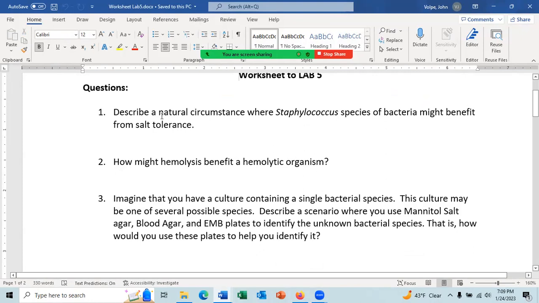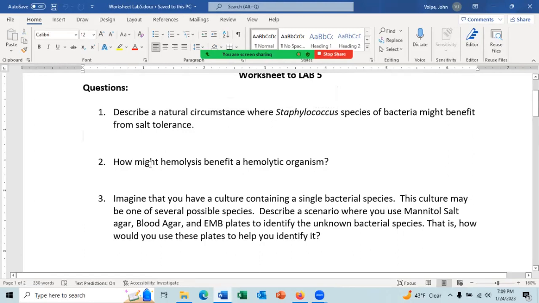Don't do that, because that's not a natural circumstance. That's when you're growing it in a lab on a specific plate of media. So think of a natural circumstance where Staphylococcus is exposed to salt. And if you don't know, Staphylococcus will tolerate salt.